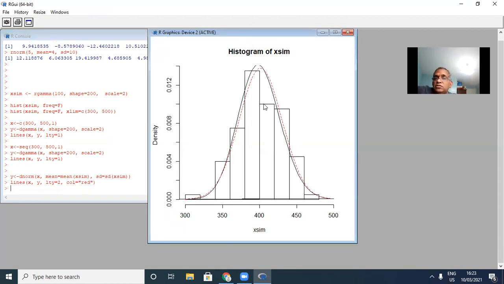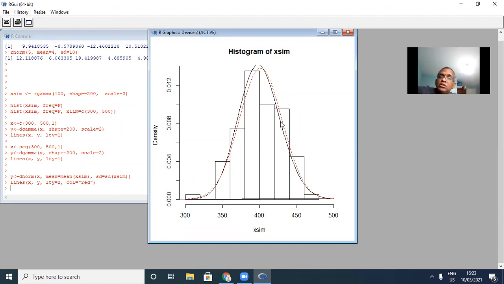Now you see there are two curves. The curve in black is the density of the gamma, and the curve in red is the density of a normal distribution, where the mean parameter is the mean of the simulated data, and the standard deviation parameter is the standard deviation of the simulated data. As you can see, they are pretty close to each other.